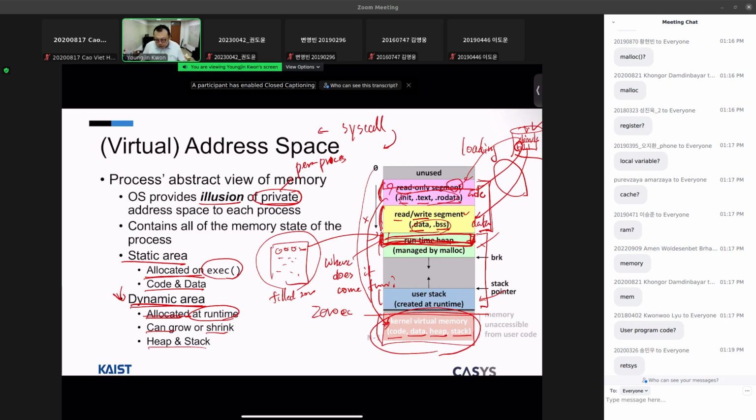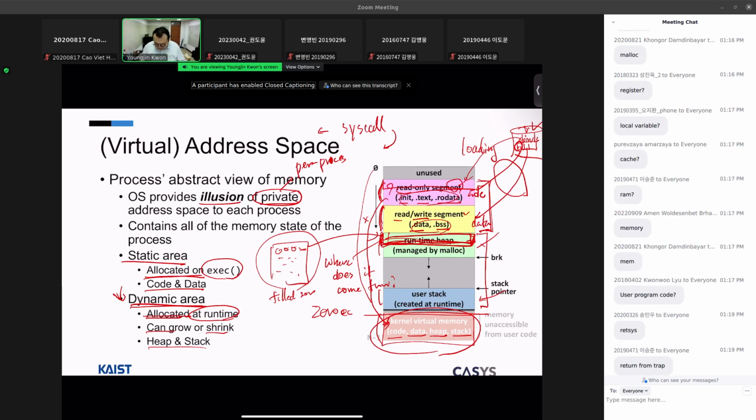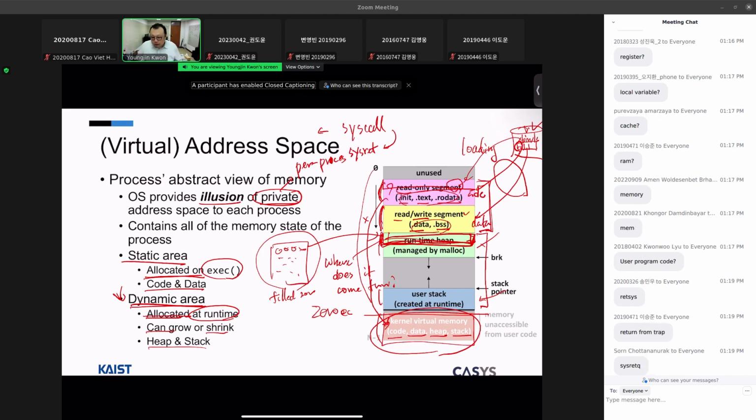It is possible to also use IRET, but sysret is the most common instruction used. Right, so then control goes back to user level code in the virtual address space.